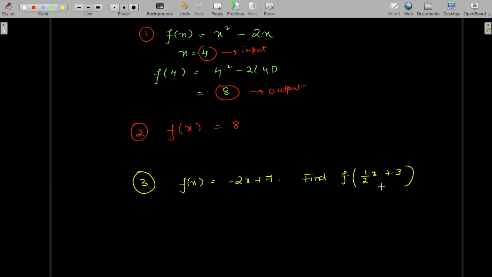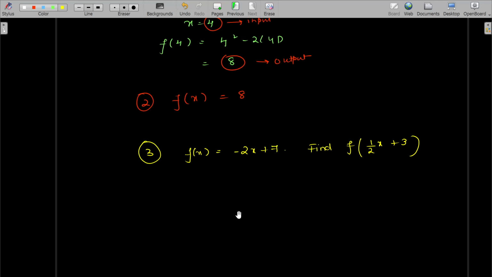So here the input is not a number but an expression. And we have four options, let's say: negative x plus 3, negative x plus 5, negative x plus 1, negative x plus 10.